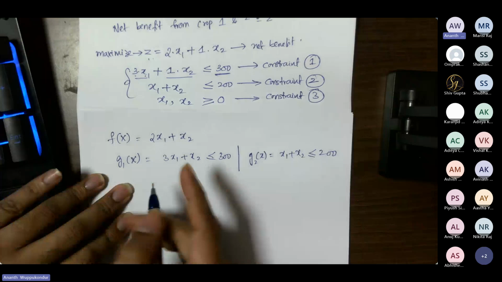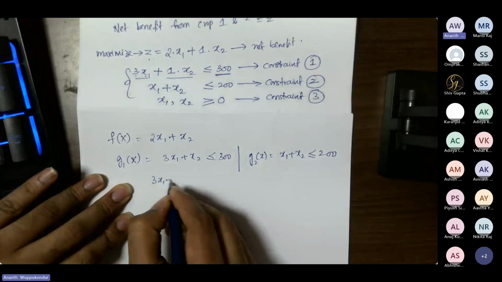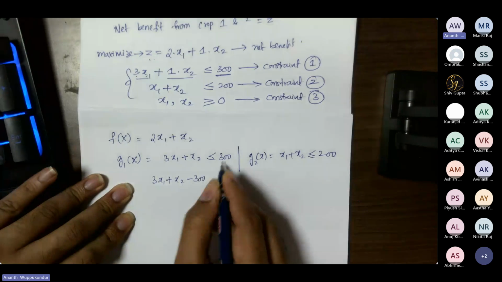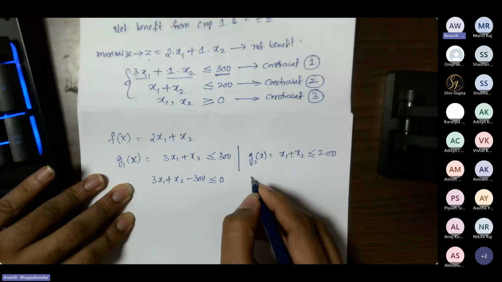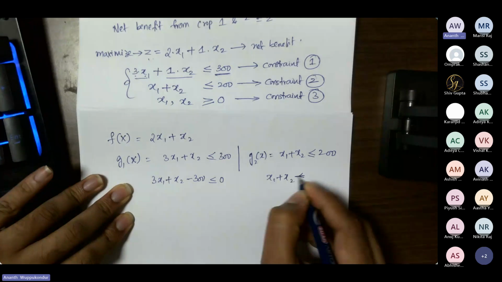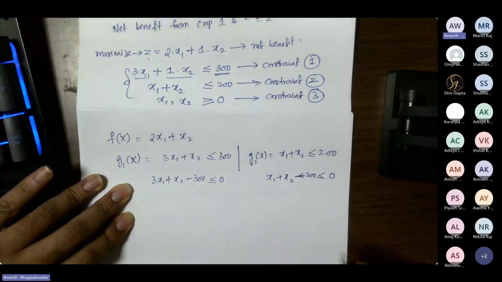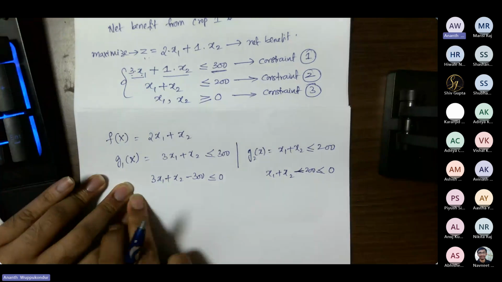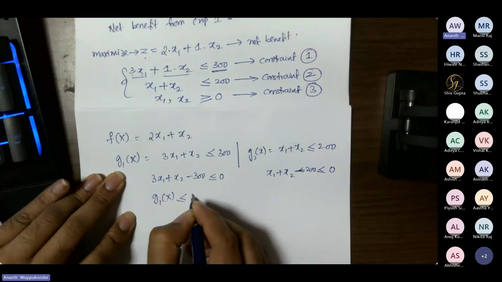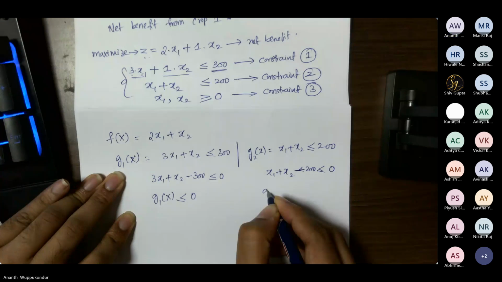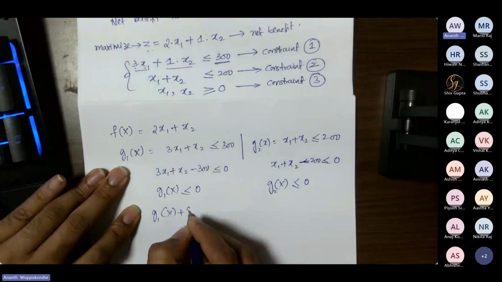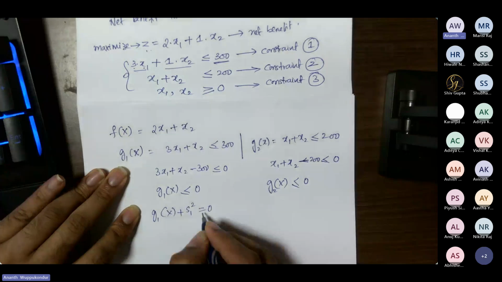Now, what I can do is simplify or modify G1 of X. I'm bringing 300 here, so that becomes less than or equal to 0. And my G2 of X, so minus 200 less than or equal to 0. Since G1 of X and G2 of X are both less than or equal to 0, what I'm going to do is bring in a variable S1 square so that this becomes an equality.